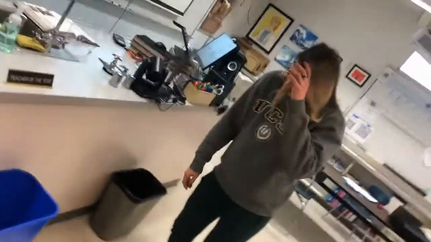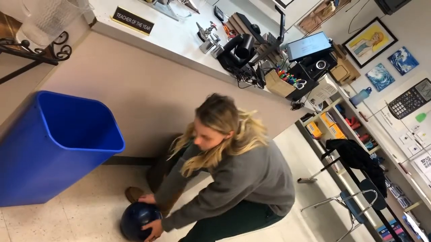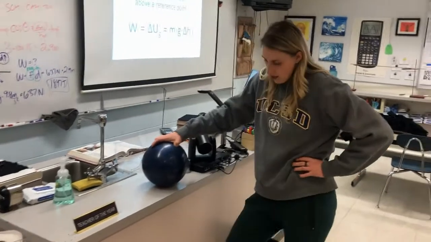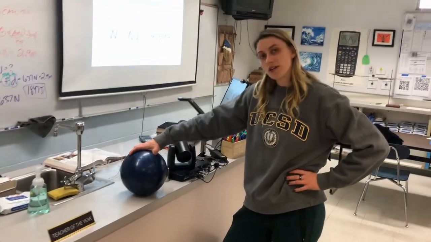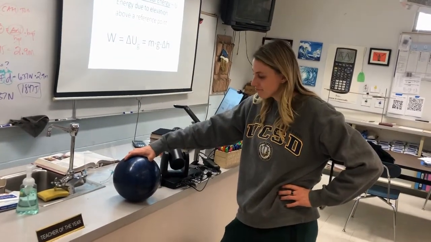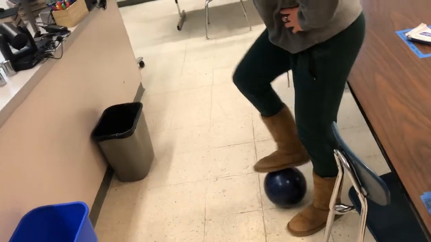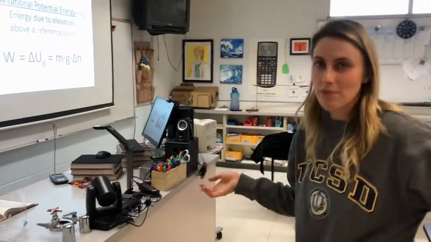How are you going to get that bowling ball back up onto the table? I have to do work to pick it up and put it up top. What happened to the work you did? It got transformed into potential energy. And it has the potential for injury should you let go of the bowling ball. So with this reference point, the question is, what are we going to make 0?